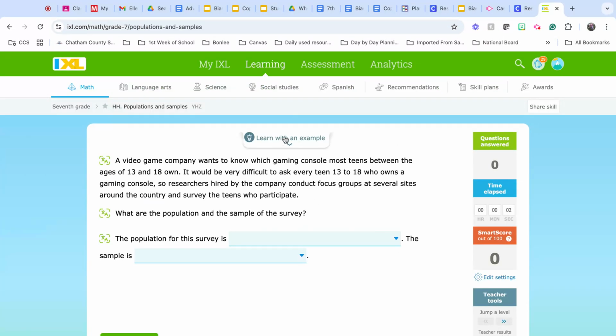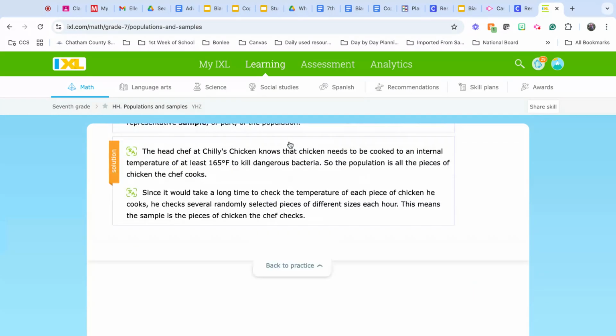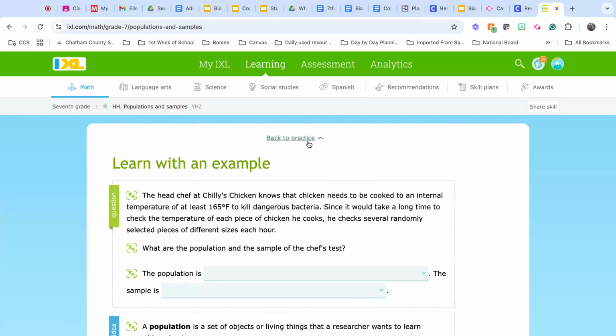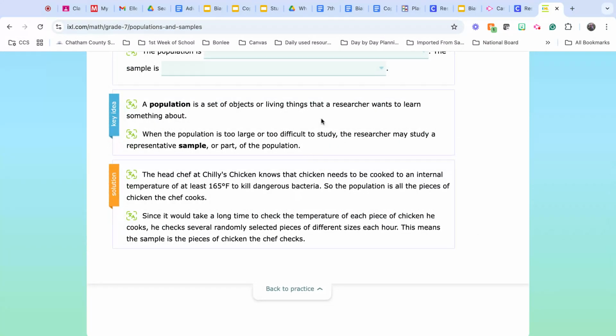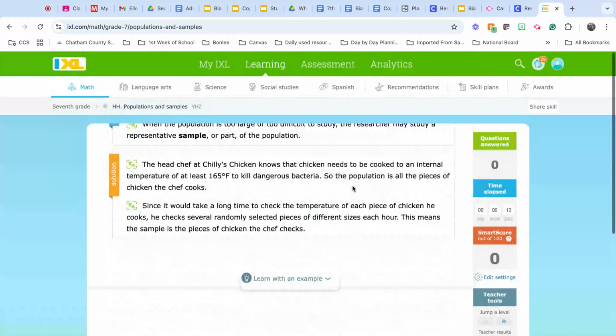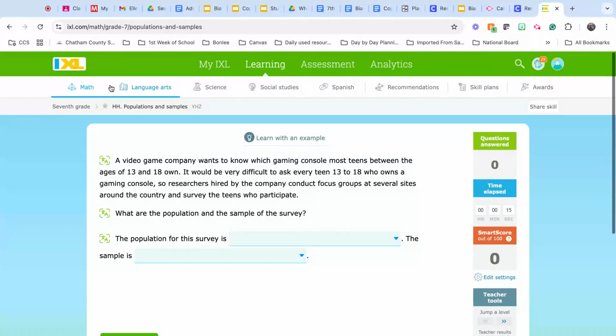If you need another example, you have an example there that you can also look at. That would give you also the definition of population and sample as well. So you're going to do that iExcel, which is HH populations and samples.